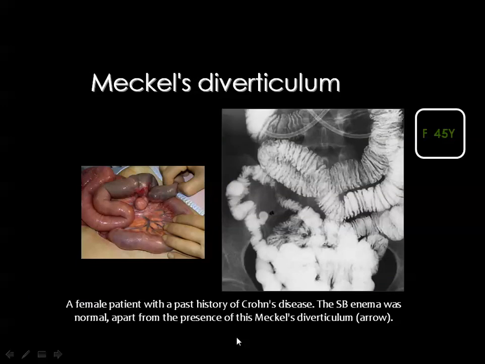Actually, you know that identification of Meckel's diverticulum by the ordinary barium meal follow-through and even by the small bowel enema is very difficult, because the diverticulum is small and is usually hidden between the opacified bowel loops.